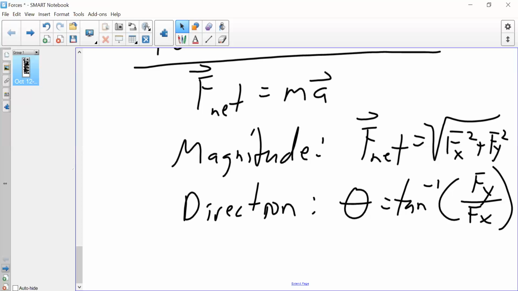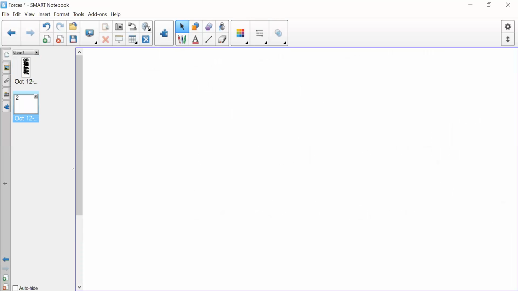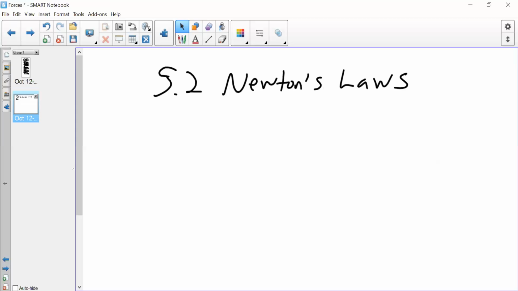So let's move on to our new slide here. So just going to itemize section 5.1 and section 5.2. So Newton's laws.